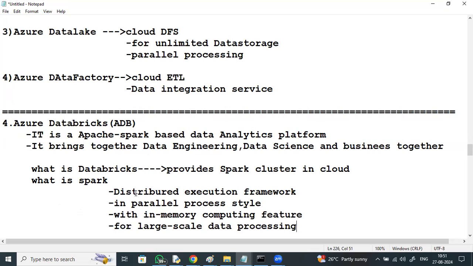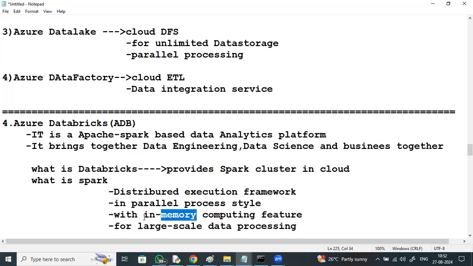So distributed execution, parallel process, executing parallelly: data is distributed in multiple systems and processed by multiple systems. The main thing is the in-memory computing feature. Data is stored within the RAM and data is processed within the RAM, RAM level storage and RAM level processing, memory level storage and memory level execution.